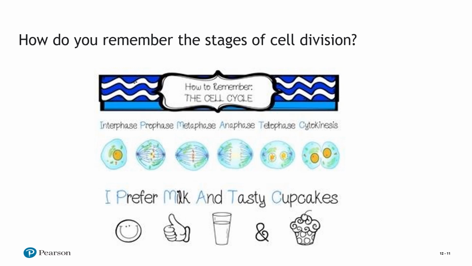So for example, this sentence, and you can use another one: I prefer milk and tasty cupcakes. It reminds you that I is for interphase, prefer for prophase, milk, and tasty cupcakes. If you already know it, then you need to apply it, but in some cases this could be useful for some people. So I just want to tell you that, and now let's move to the next question.